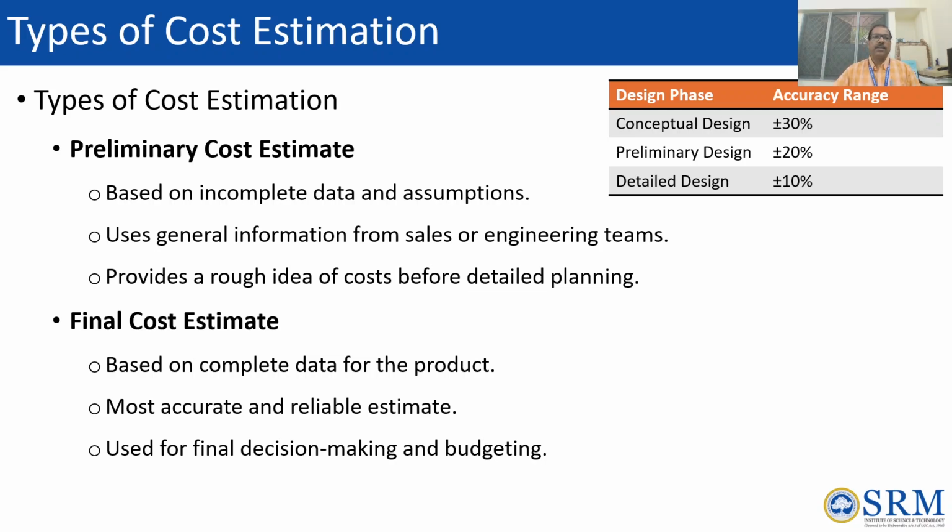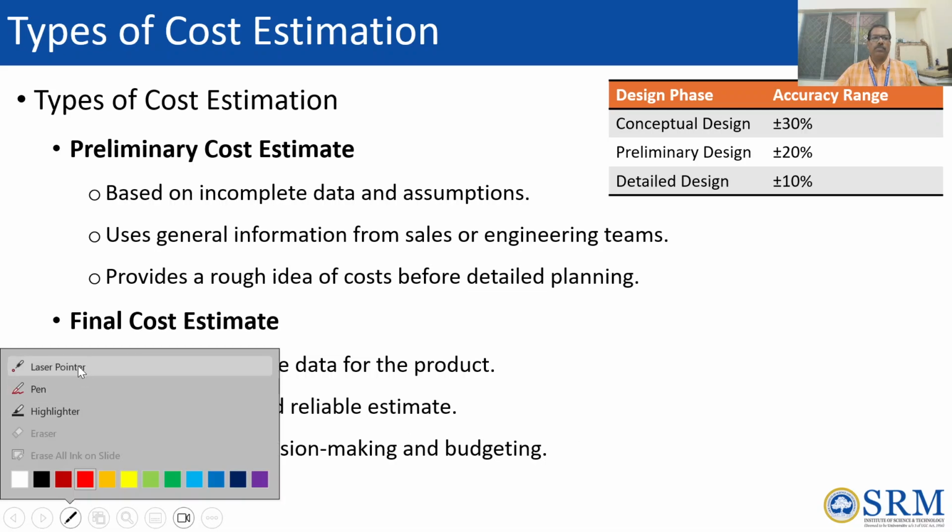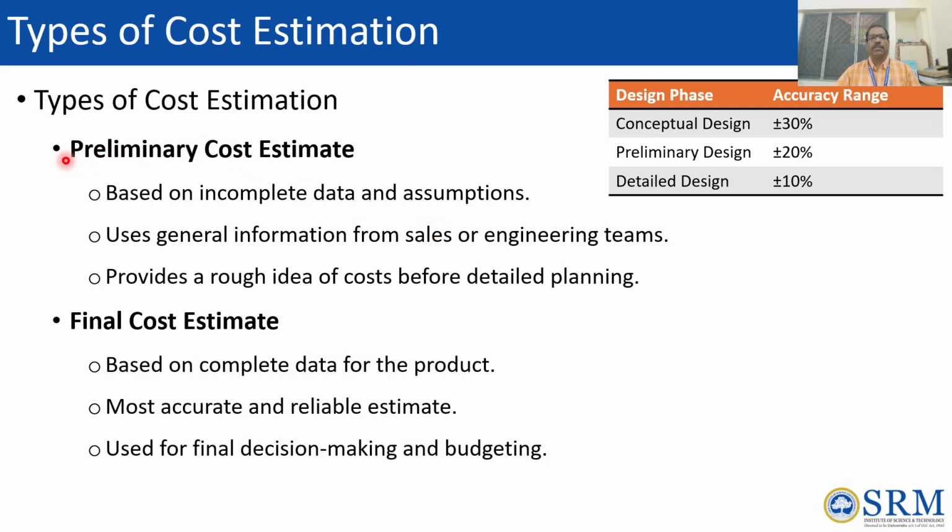The types of cost estimation are actually divided into two categories. One is preliminary cost estimation, another one is the final cost estimate. Under preliminary cost estimation, what are the considerations we have? The word itself says that it's not an accurate one.